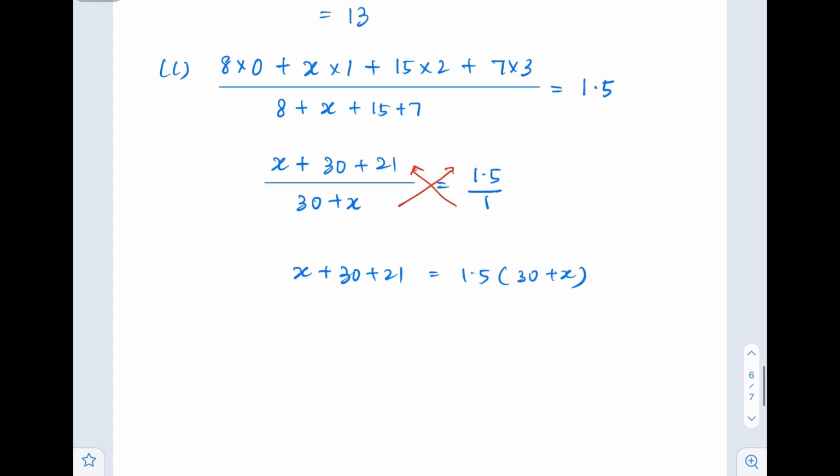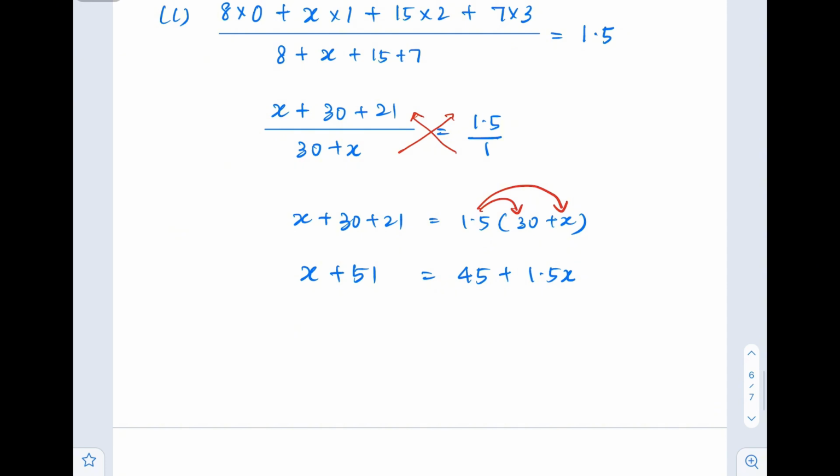So let's simplify this. We have x plus 30 plus 21 is 51. Then we need to distribute the 1.5, multiplying it to the 30 plus x. So here I'm going to have 1.5 times 30, which is 45, plus 1.5x. So let's try to solve this equation. We can solve this equation easily by subtracting the 1.5x on both sides.